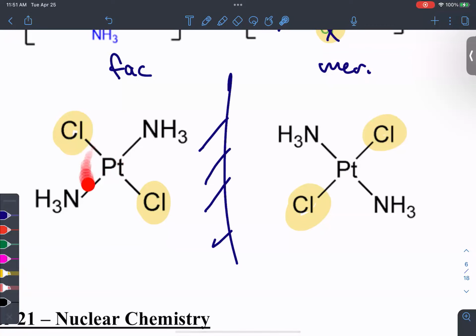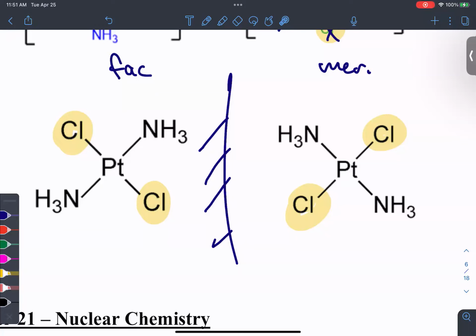But what's the geometry around that platinum? It's not tetrahedral, actually. It's square planar. Something interesting about square planar molecules is, since the molecule exists on a plane, the molecule itself is its mirror plane.